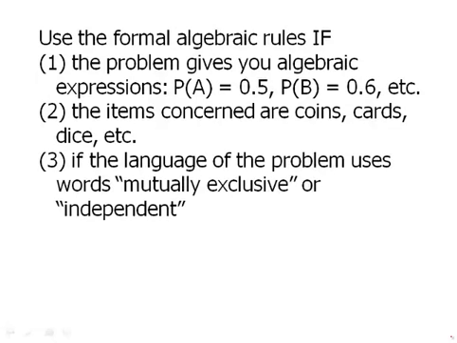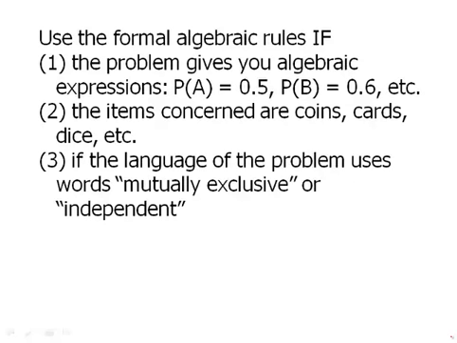If the language of the problem uses mutually exclusive or independent, that's another dead giveaway. Right there, you see those words? Use the algebraic rules. Even if they don't use those words explicitly, they may use those ideas. They may describe an idea: this doesn't have an effect on another, or these two things can't happen together. You have to be able to recognize those ideas as being these conditions.